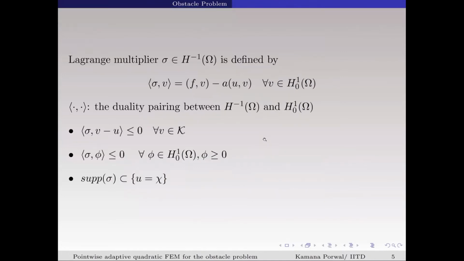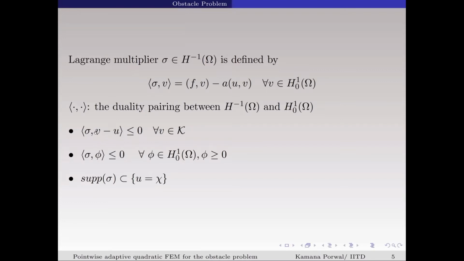Now we introduce this functional σ, which is basically the residual of the solution u with respect to the variational formulation, and we extract these properties for this functional σ. The first property is directly obtained from the definition of σ and the continuous variational inequality.